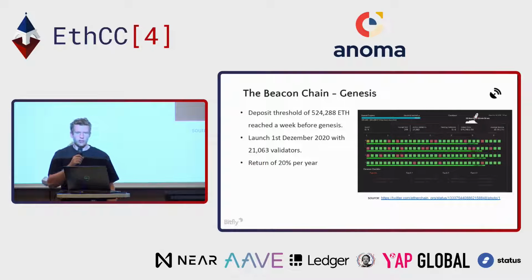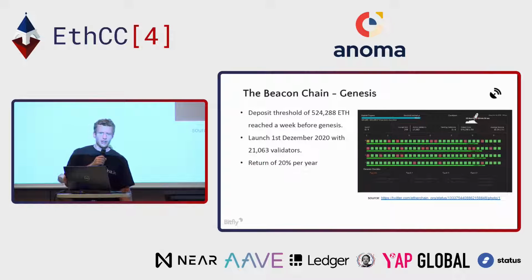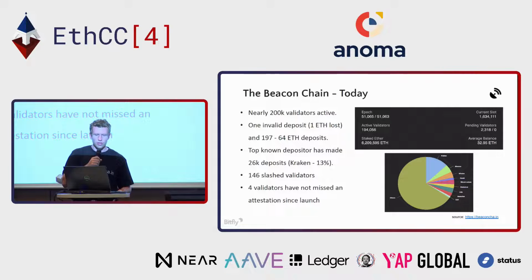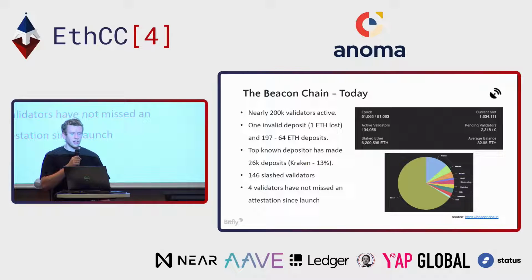And it started off with 21,000 validators, and in the beginning you would receive a return of 20%, but as the number of validators grew, the less of a return you would receive, because it would be shared with more validators that are active. And comparing it to today, so half a year later, we have 200,000 validators, so that's a 10x increase in validators.